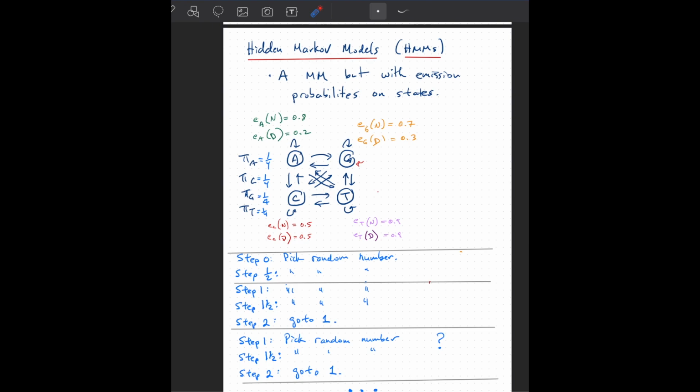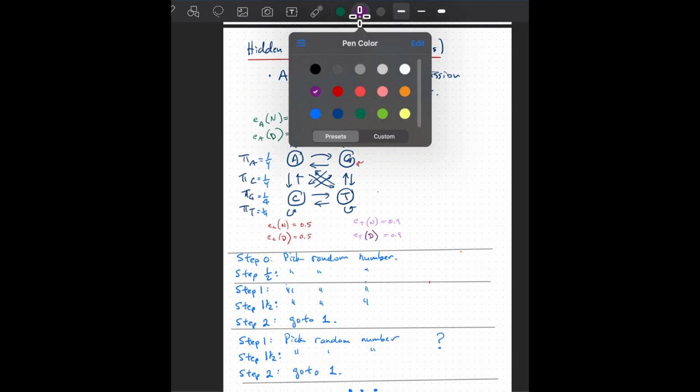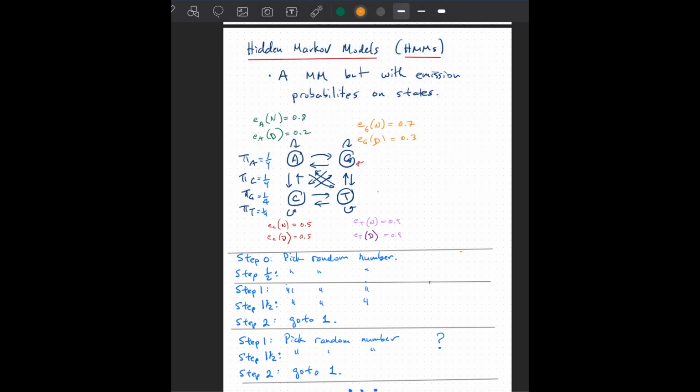So that seems like a pretty small modification to Markov models. Why does it matter? How does this work? So let's start again. Step 0 is just like before. I would pick a random number. Let's suppose my random number would be like 0.56. Just an example.